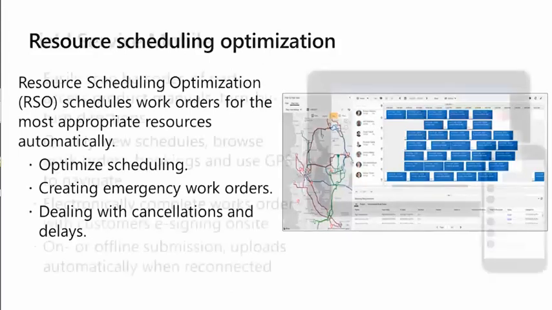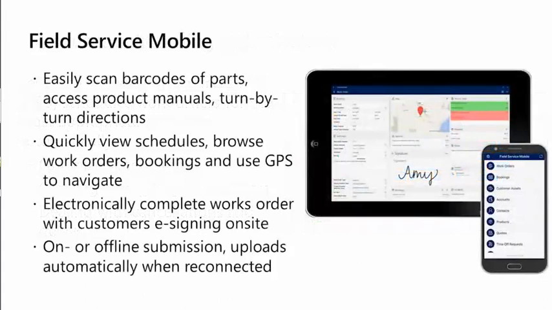Now, your dispatchers are getting this great scheduling board, but what does it look like for your technicians? And your technicians are not in front of a computer. And when you're working in the field, if you need information, you need it now and at your fingertips. And so with Dynamics 365 Field Service, there is the Field Service Mobile.